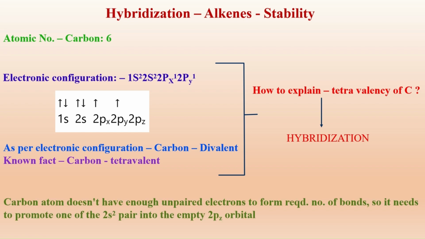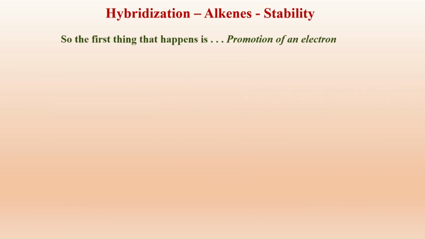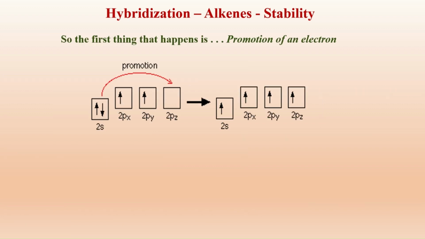As we have already seen, the 2s electron jumps towards the 2pz orbital and gets promoted, and it has four half-filled orbitals.